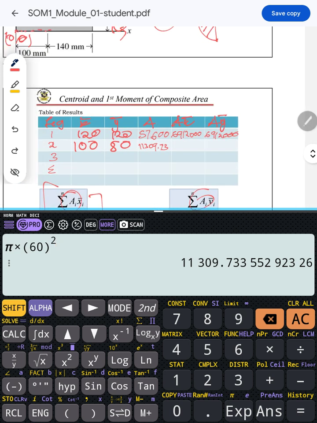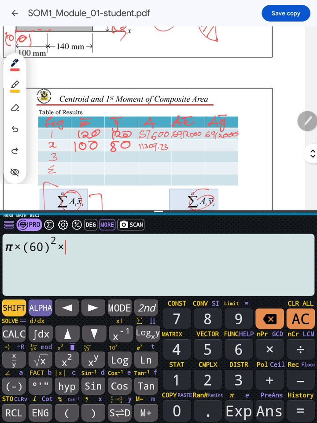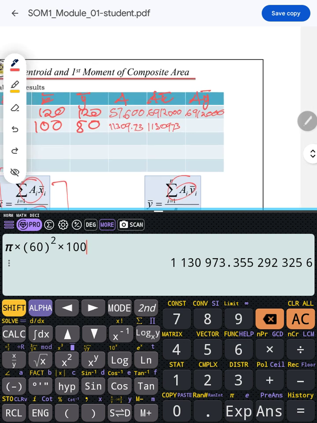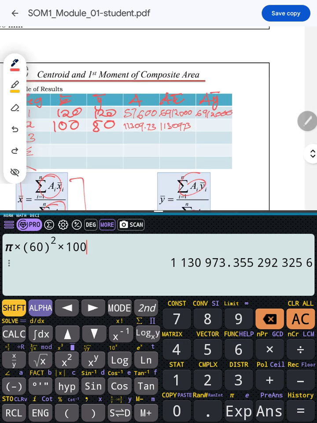And then our AX will be the area times 100. 1130973, right.